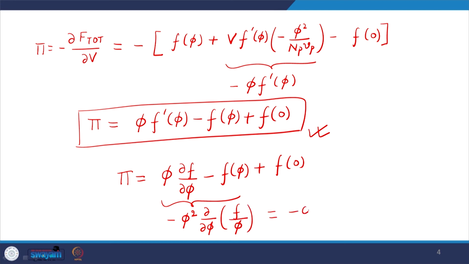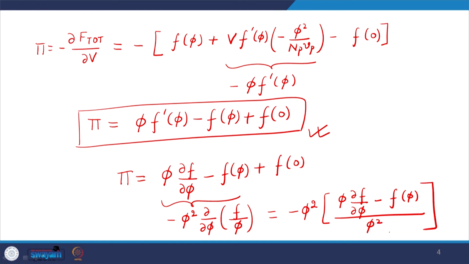Because if I elaborate this, we will have phi square times phi dou f by dou phi minus f of phi divided by phi square. There is a plus sign here, and this cancels.